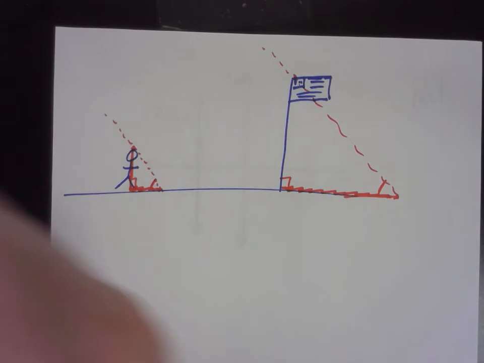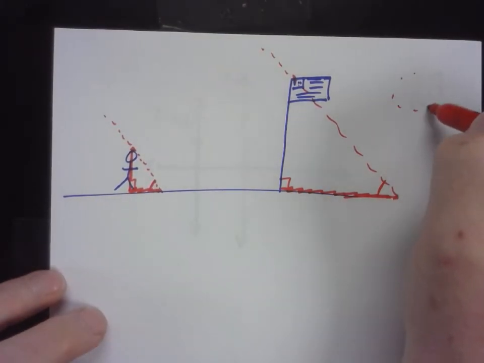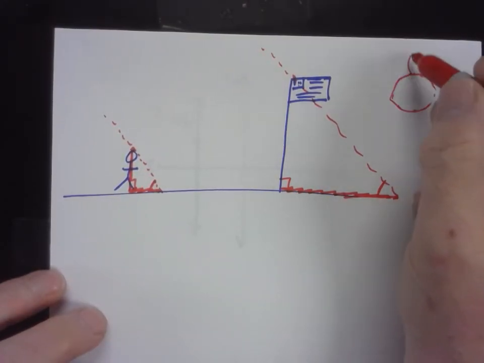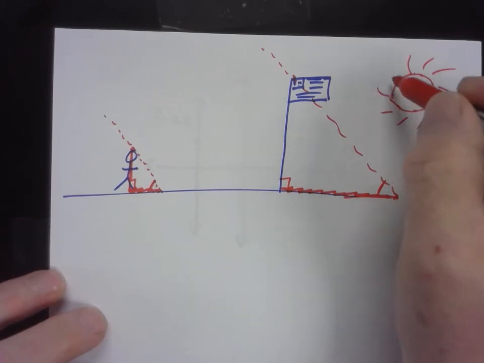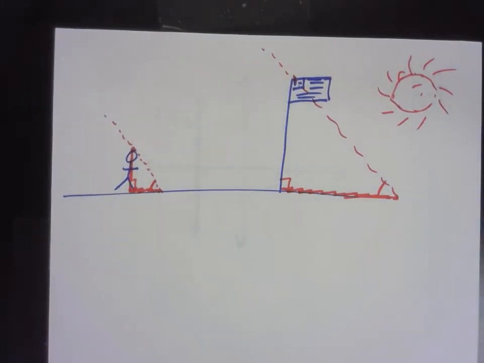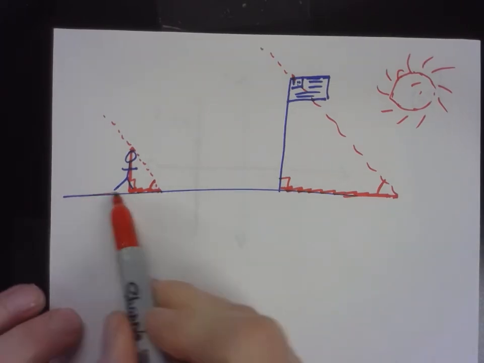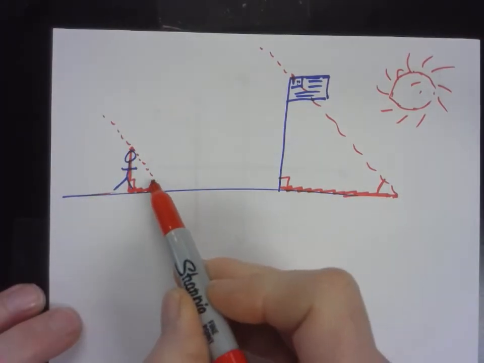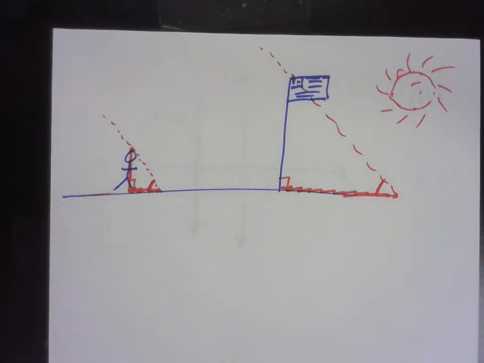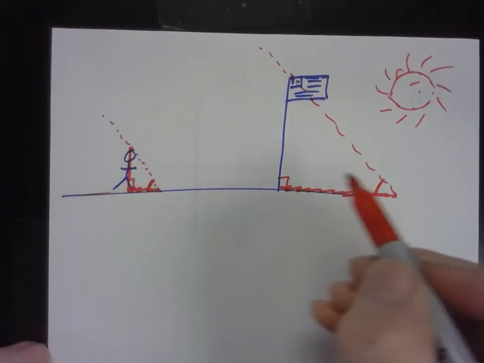Okay, so you got the sun, right? Got our sun. It's sending off rays of light in every imaginable direction, right? Every direction. Are all the sun rays from the sun parallel to one another? I mean, the Earth's the transversal here, and these two sun rays are coming along, and I'm saying, well, these are corresponding angles.